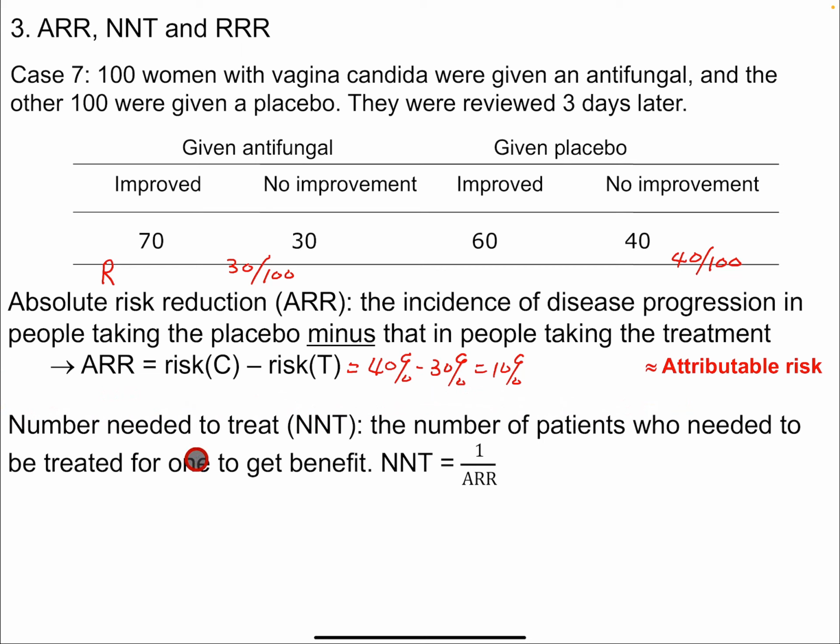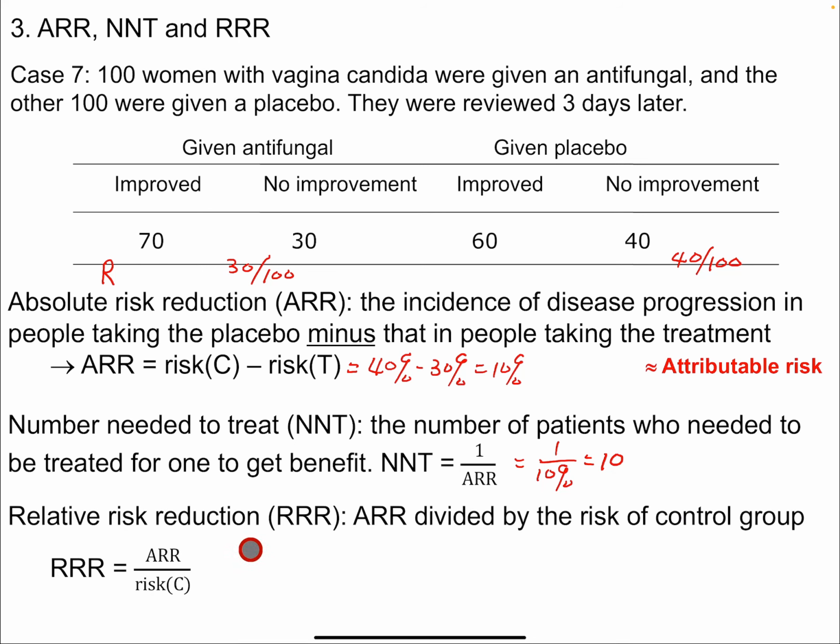Number needed to treat, NNT, is the number of patients who needed to be treated for one to get benefit. This equals 1 over ARR. So in this case, it's 1 divided by 10%. So number needed to treat is 10.